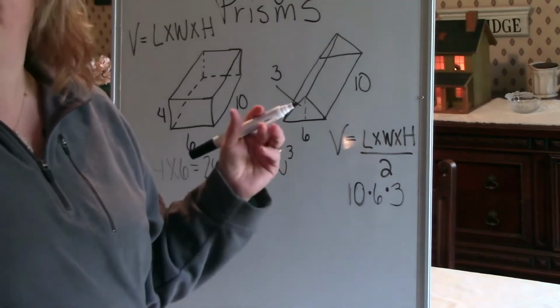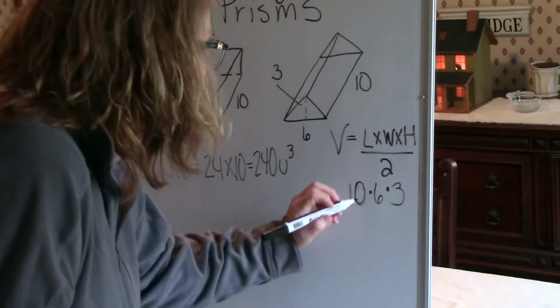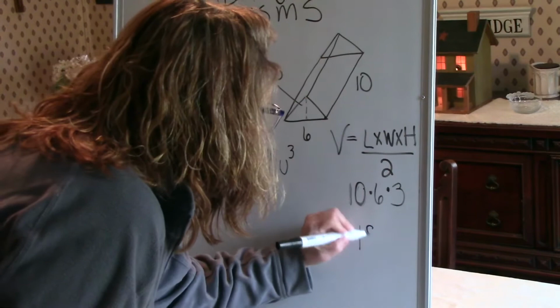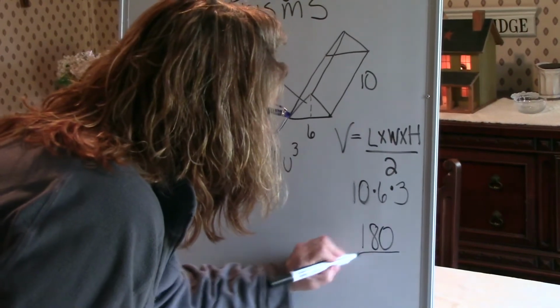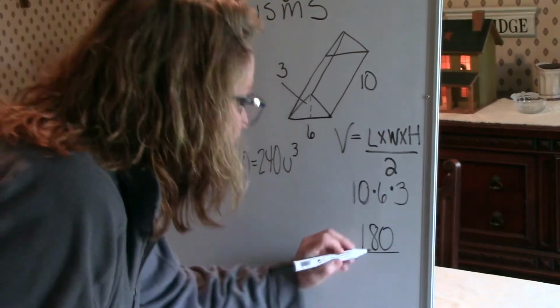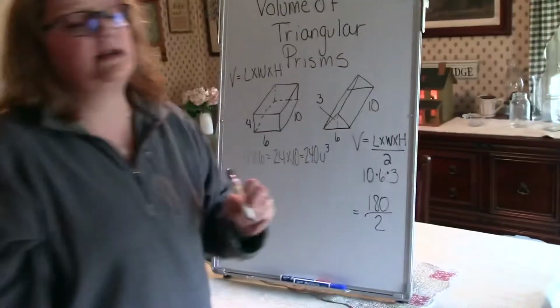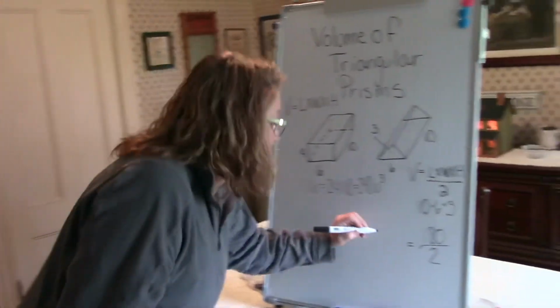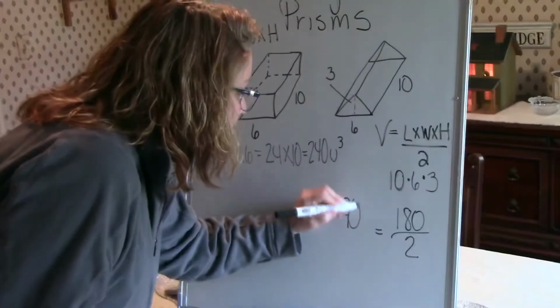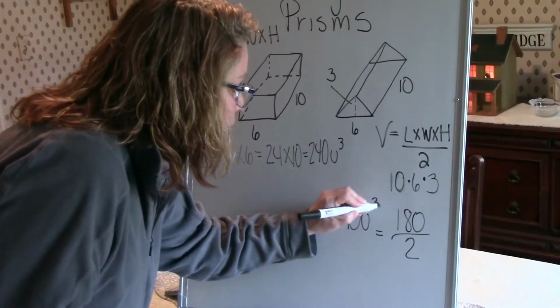Everyone agree? Yes, Mrs. Clark. So we get 180, and your last step is to take those numbers that you multiplied together and divide them by 2. When you divide 180 by 2, you get 90 units cubed.